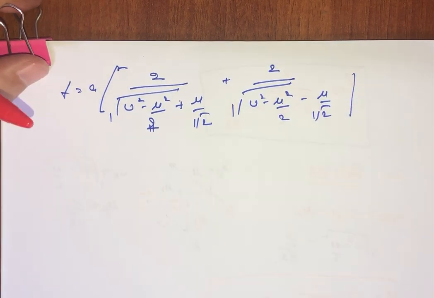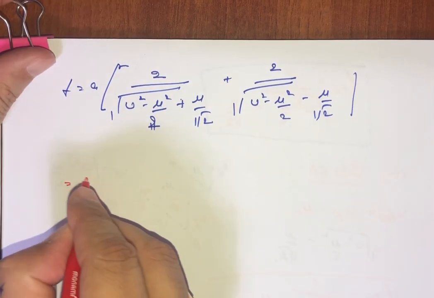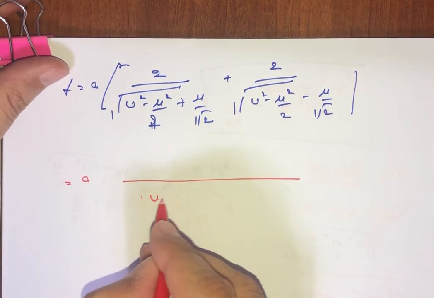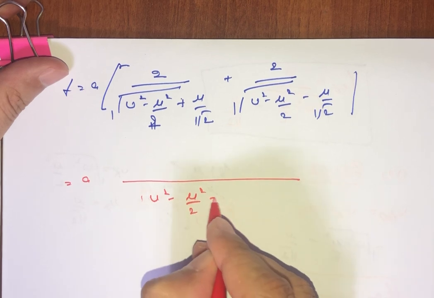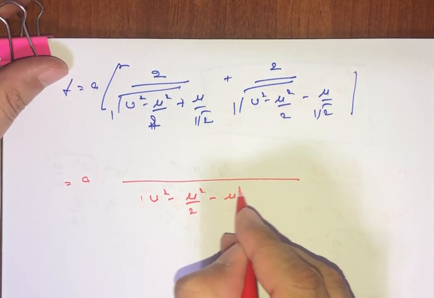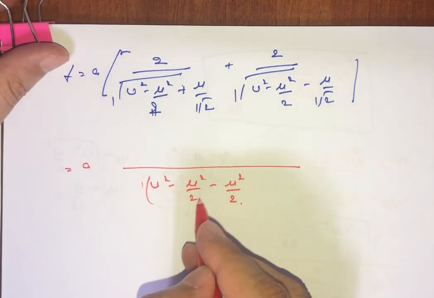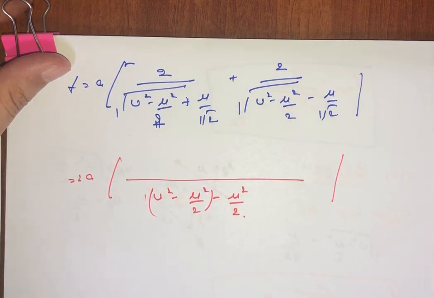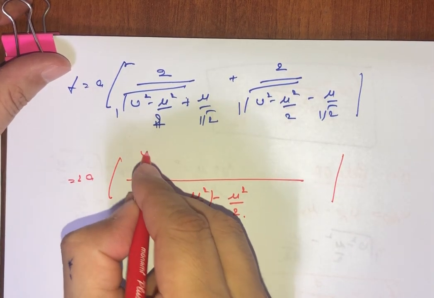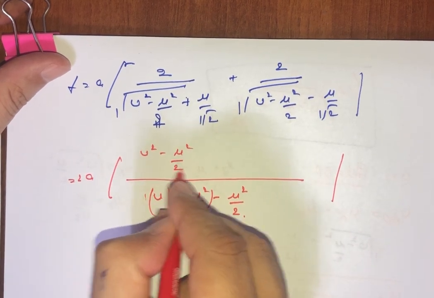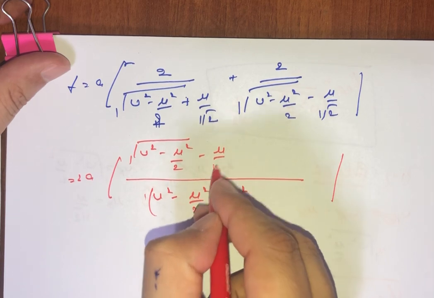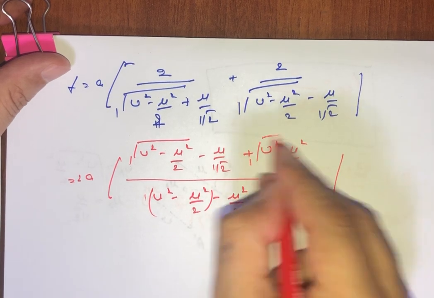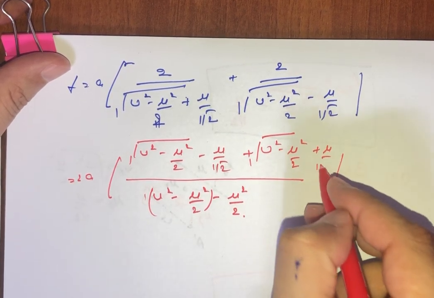Now we take the LCM, so this will be equal to A, and the LCM will be a square minus b square, so we get (v square minus u square divided by 2) minus u square divided by 2, and we can also take 2 common, and we are left with square root of (v square minus u square divided by 2) minus u divided by square root of 2 plus square root of (v square minus u square divided by 2) plus u divided by square root of 2.